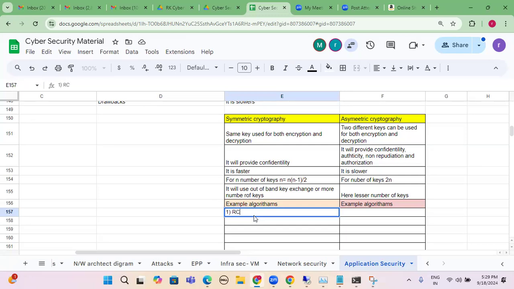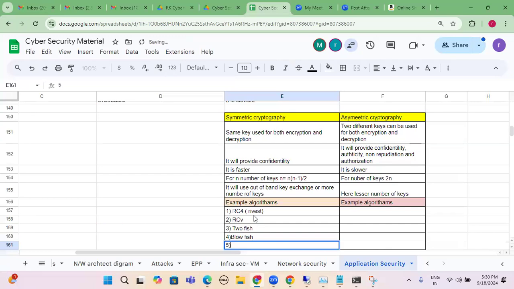So RC4. R is nothing but Rivest, one of the scientists' names. The scientist invented this particular algorithm and gave it version number 4. It is one of the weakest algorithms on the symmetric side. Second one is RC5, an updated version of the algorithm invented by Rivest, once again the scientist's name. Next one, Twofish.